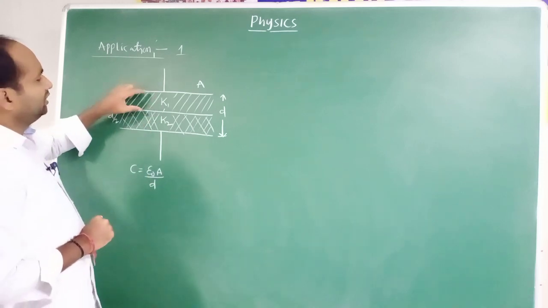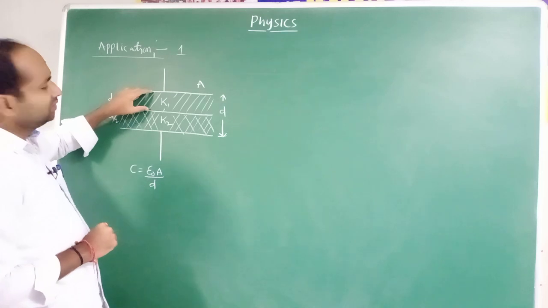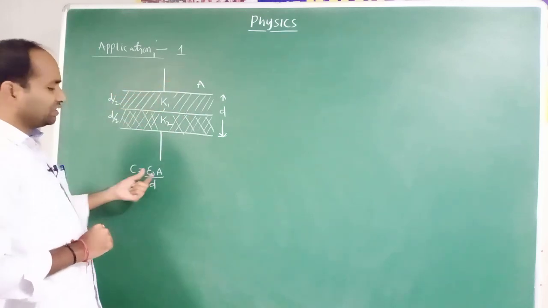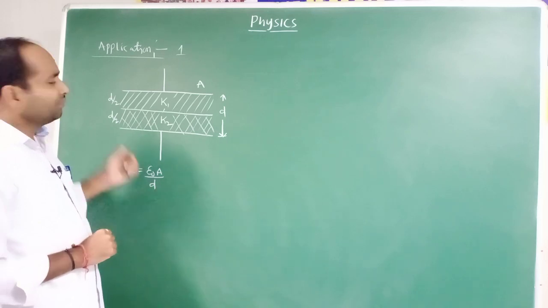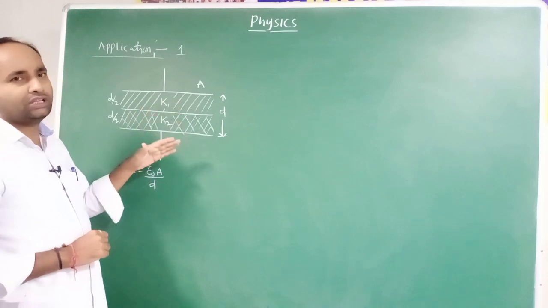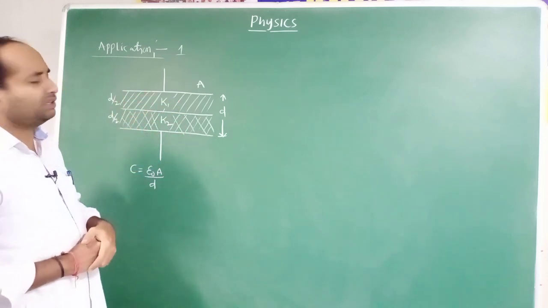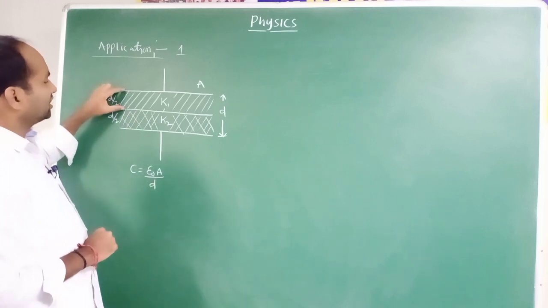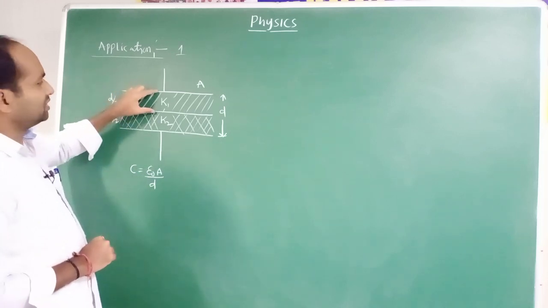See, this is a single parallel plate capacitor of capacitance epsilon naught A by D. When two dielectric slabs of different values are inserted between the plates such that the space is completely filled, what is the effective dielectric constant? Now let us take this as one capacitor C1.